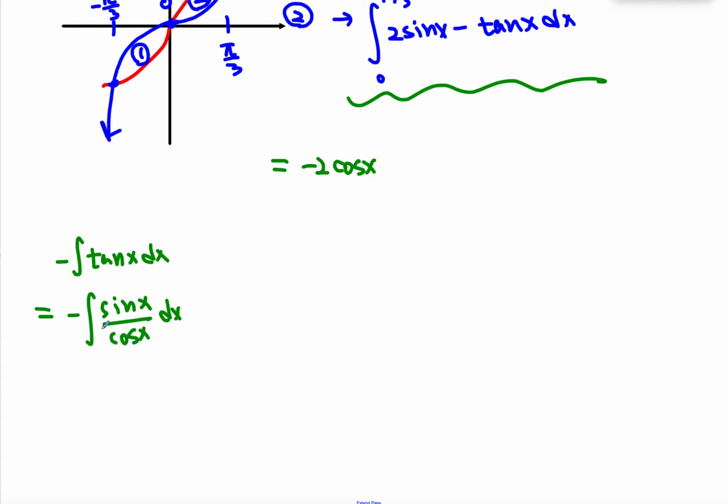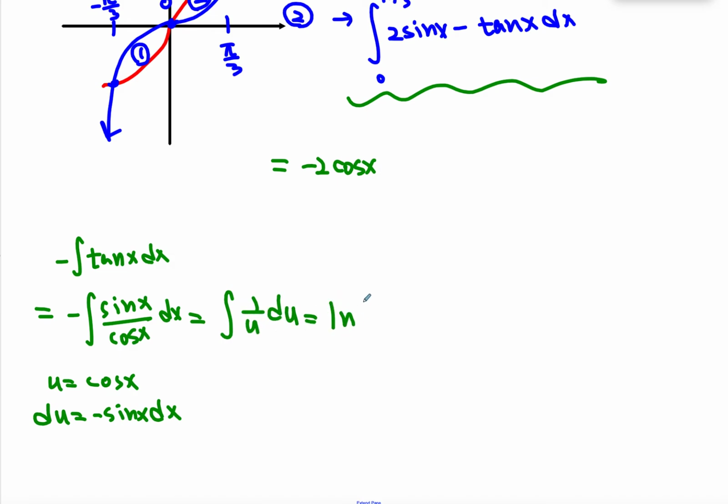Now, if you use u as cosine of x, then you know that du becomes negative sine of x dx. So if you let u equal cosine of x, du equals negative sine of x dx, and this can be rewritten as 1 over u du. That means ln of absolute value of u, which becomes cosine.